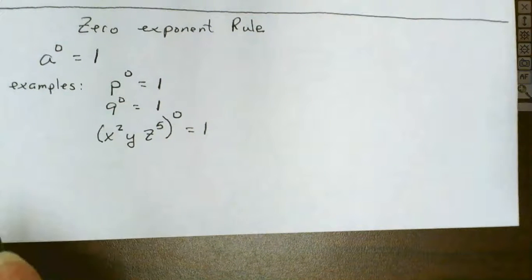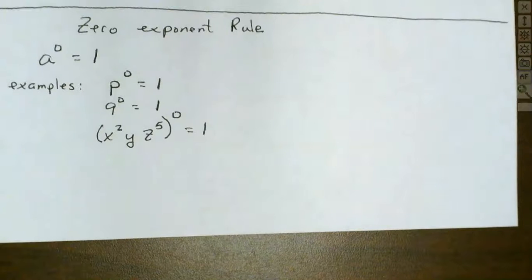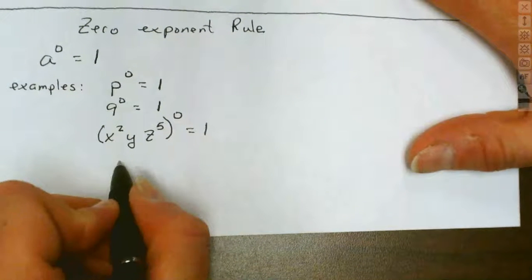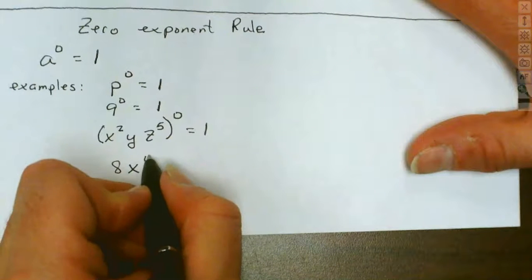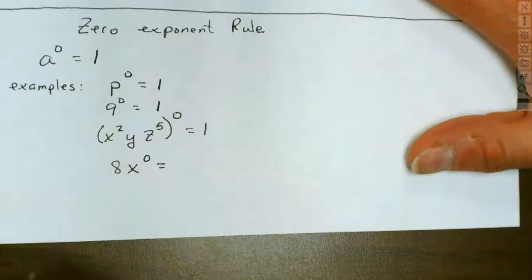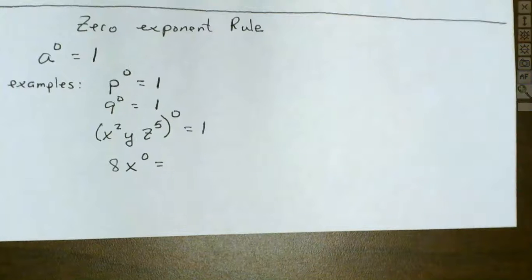Sometimes with the zero exponent rule, you've got to be careful as to what goes to 1 and what doesn't. So how about 8 x to the 0 power? Now, what do you notice about this one? When I look at this, are there parentheses involved? No. Okay?